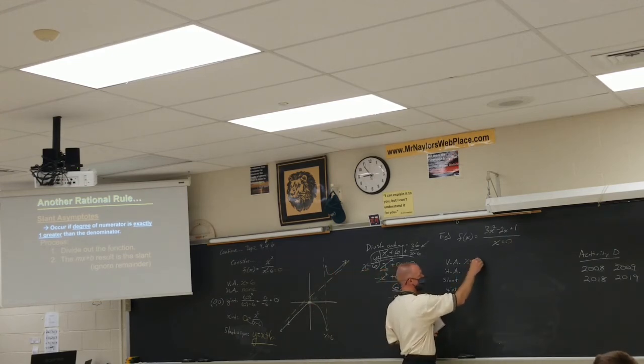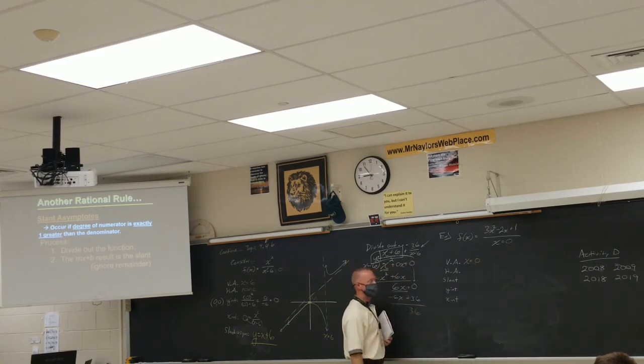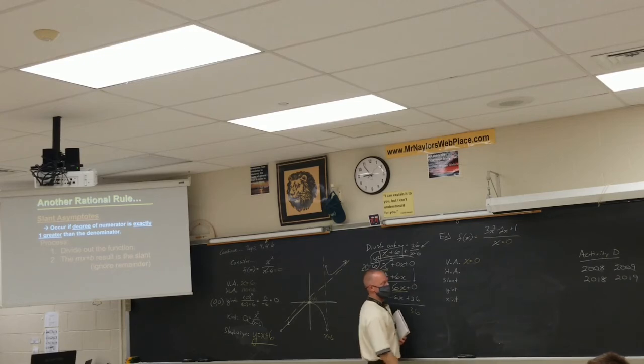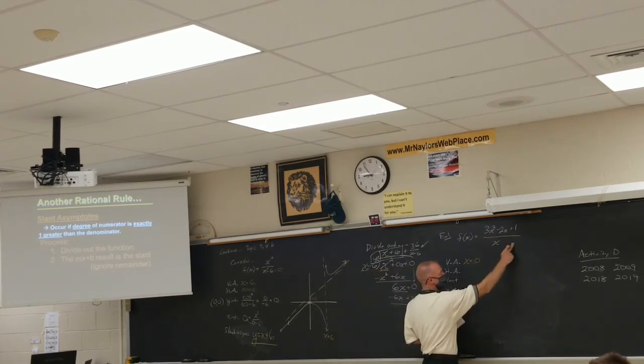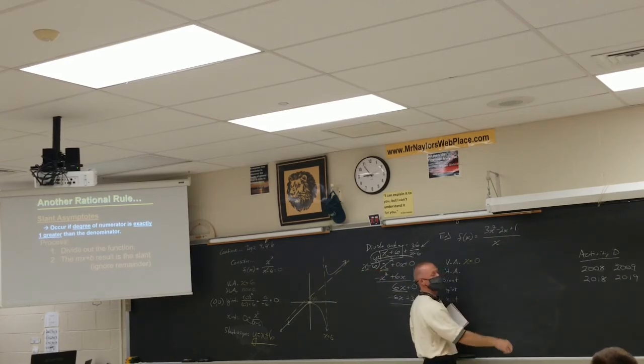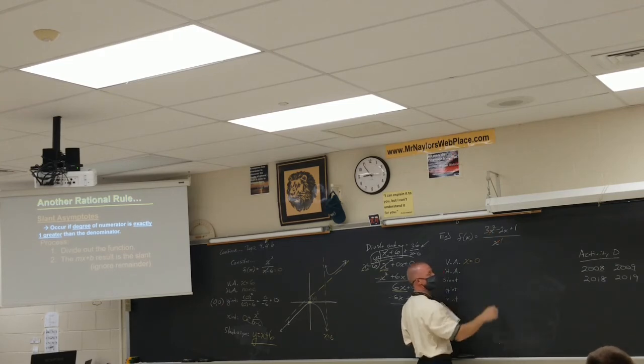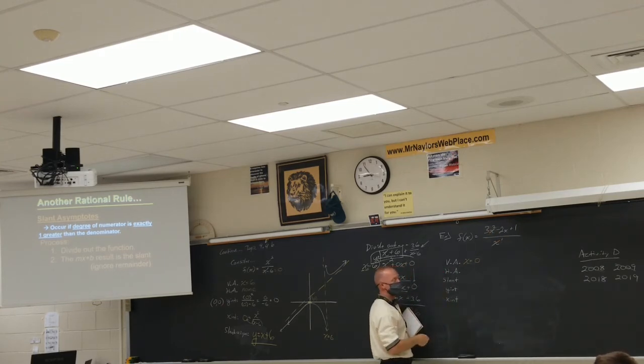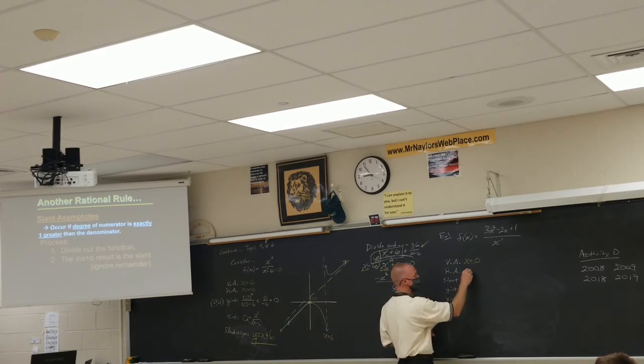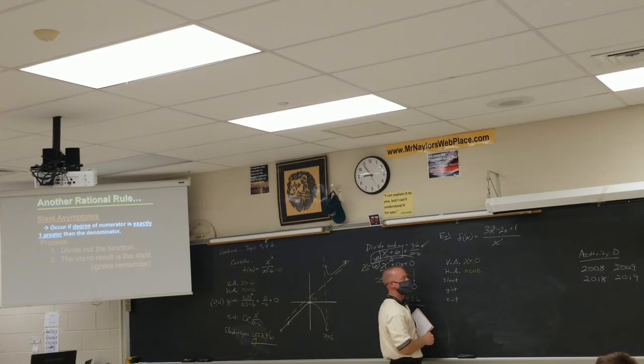So x equals 0 is a vertical asymptote. Again, it's a bad number, I'm not allowed to equal it. Moving on to the horizontal asymptote. Well, you're probably going to discover sooner than later that because the top is greater than the bottom, there is no horizontal, but because it's 1 greater, there is a slant.